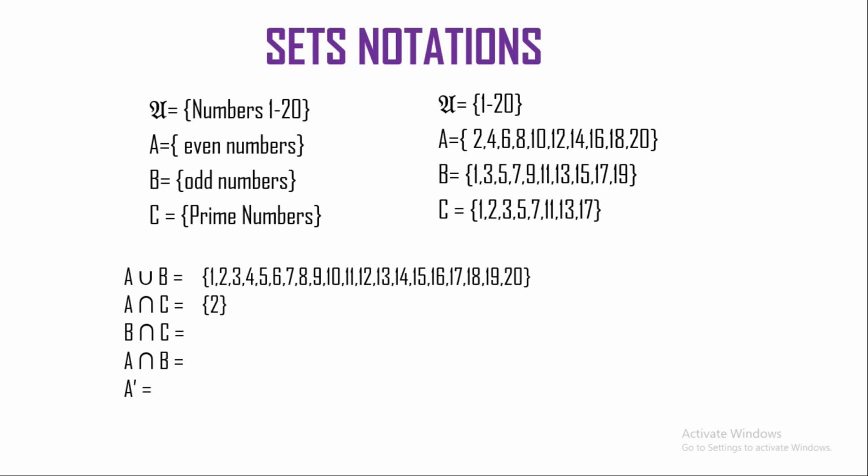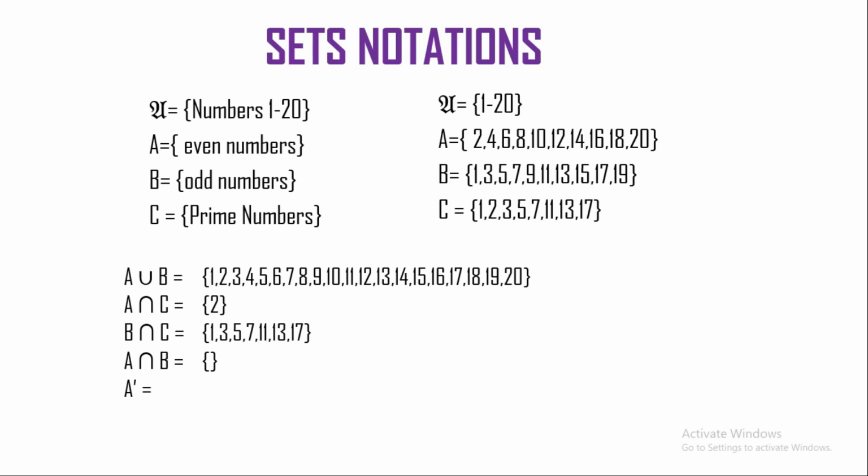B intersection C, what do they have in common? The things they have in common are 1, 3, 5, 7, 11, 13, 17, and 19. 19 should be part, because 19 is also a prime number. And A intersection B, they have nothing in common, so that's an empty set.